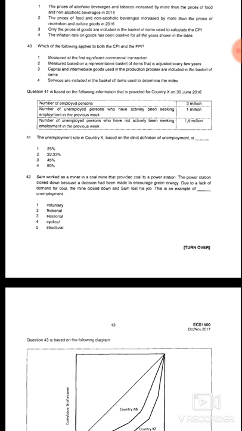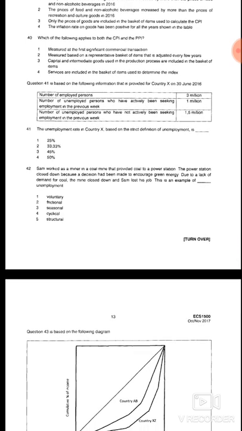So for CPI, we're talking about the price of the goods and services that a typical consumer buys. And for the producer price index, we're talking about the price of the goods that a producer is selling. So it's about the first significant transaction in the commercial market. So it's option number 1, question 40.